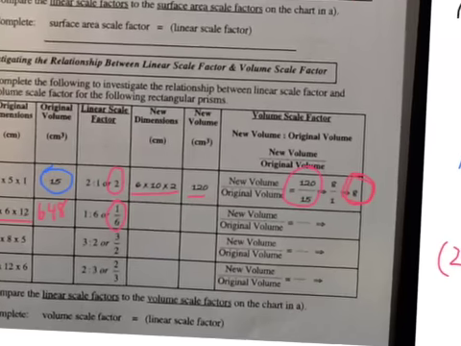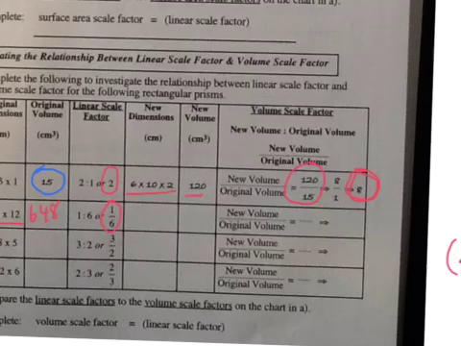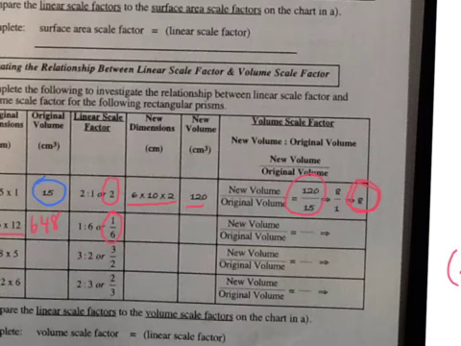So I'm just going to zoom in here. You have a 1.5 by 1 by 2. If you multiply 1.5 times 1 times 2, you should get 3 centimeters cubed. So the new volume is 3, and the original volume was 648.